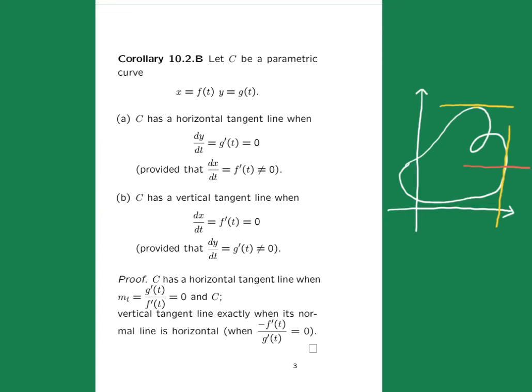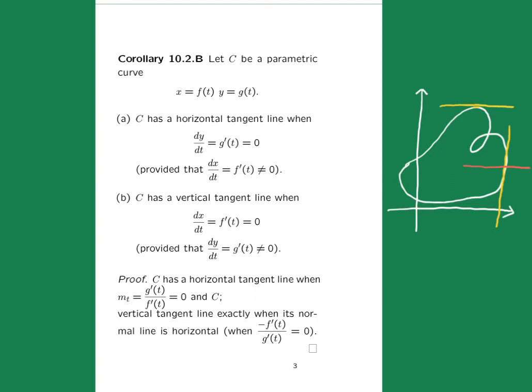Okay, when are we going to have a vertical tangent line? Well, you might notice, we're going to have a vertical tangent line when the normal line, which is perpendicular to our tangent line, is horizontal. So we're looking for when the normal line is horizontal. Well, what's the slope of the normal line?